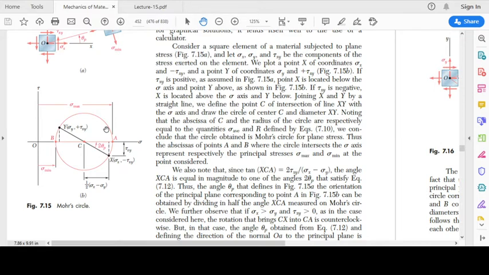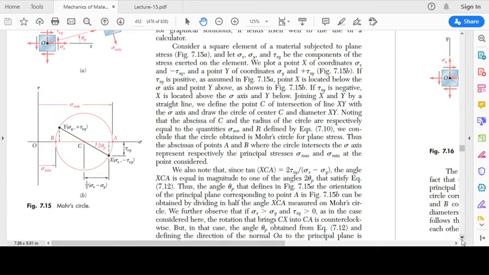So we can determine the stresses at any point on the circle, and those are going to be the normal and shear stresses on the plane which is represented by the radial line joining the center with that point. So the angle for that plane, this angle, is going to be 2 theta. That can be seen from the Mohr circle.